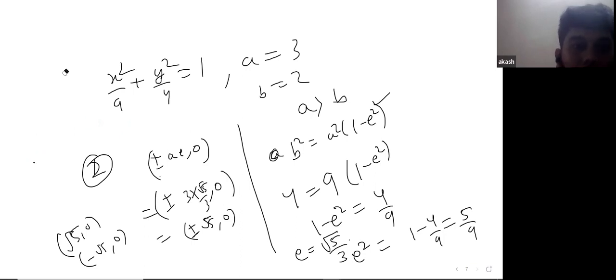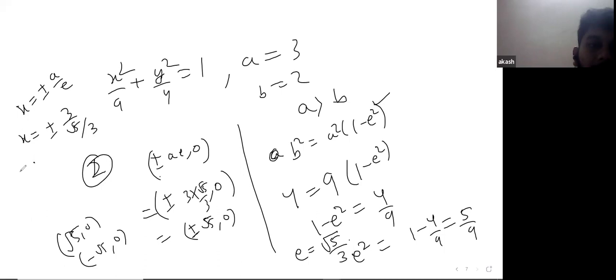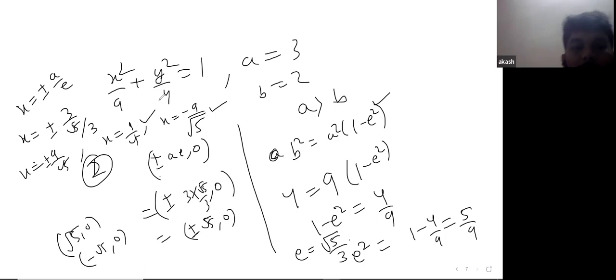This is x equals plus minus A upon E, right? x equals plus minus 3 upon root 5 upon 3. So this is x equals plus minus 9 upon root 5. So one equation will be x equals 9 upon root 5. Other would be x equals minus 9 upon root 5. This is your complete answer.